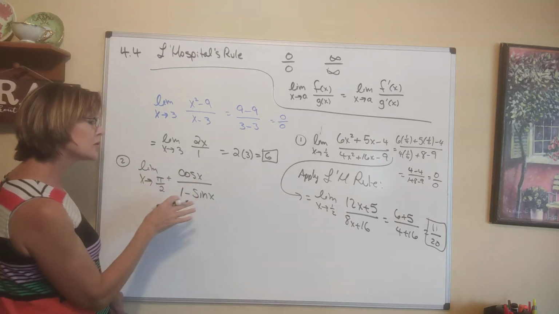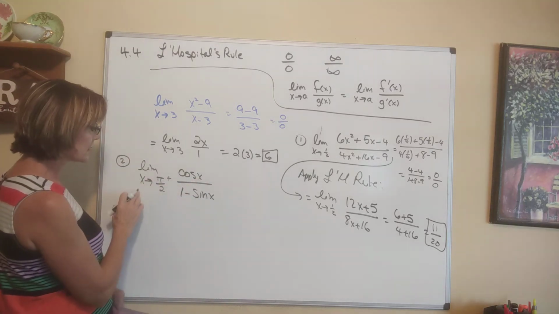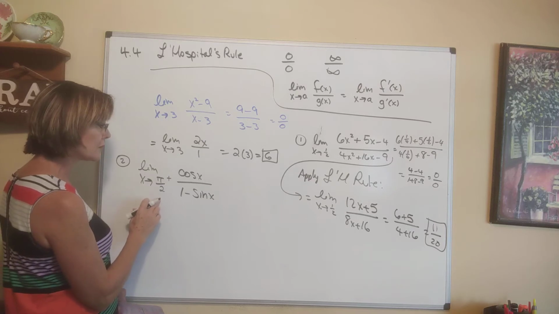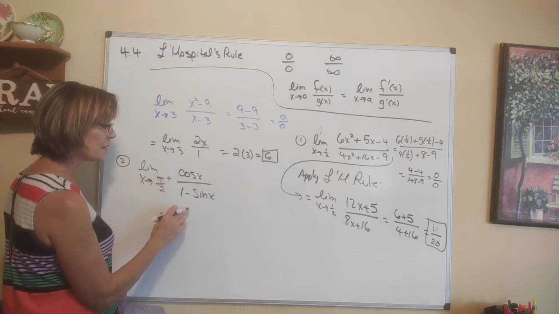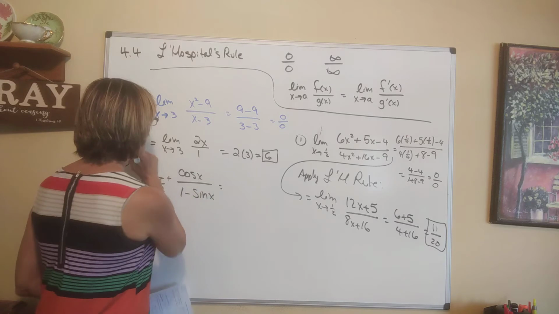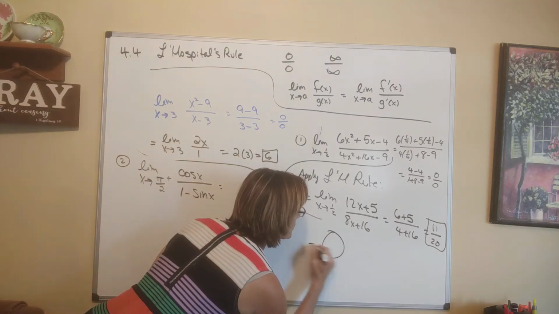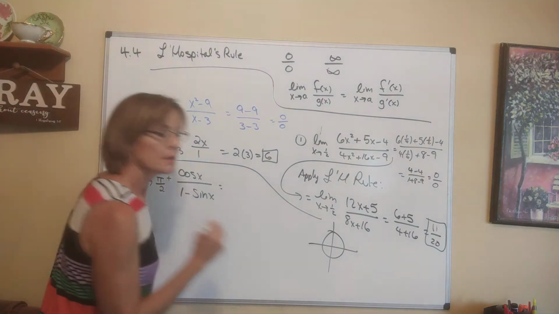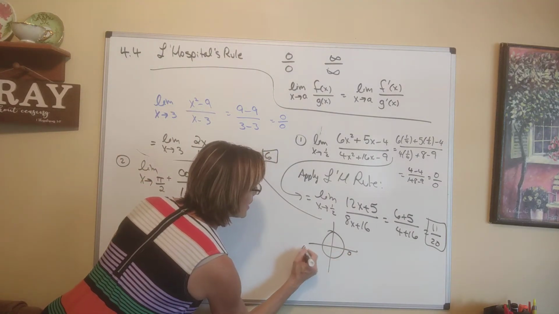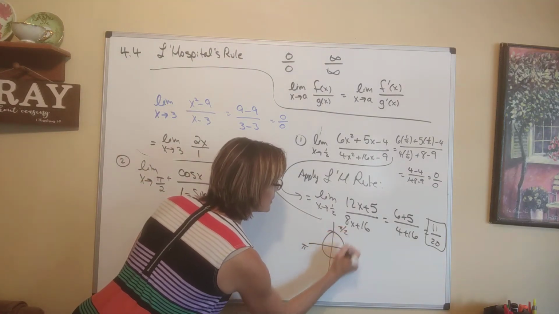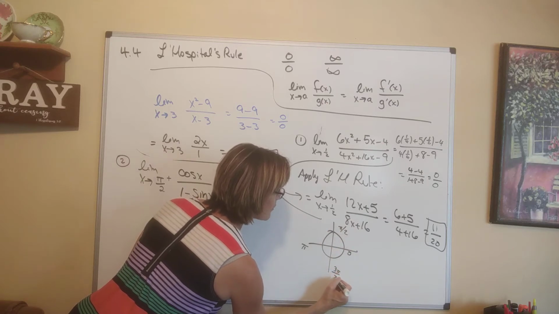So let's use direct substitution. Right here, the limit as x goes to pi over 2 from the right of the cosine of x over 1 minus the sine of x. Recall the unit circle. So here's our unit circle. This is 0, this is pi over 2, and this is 3 pi over 2.